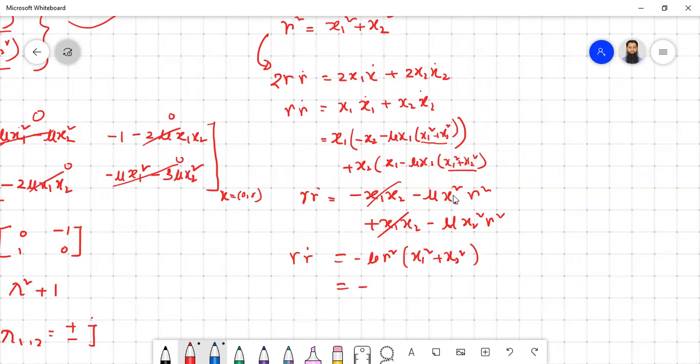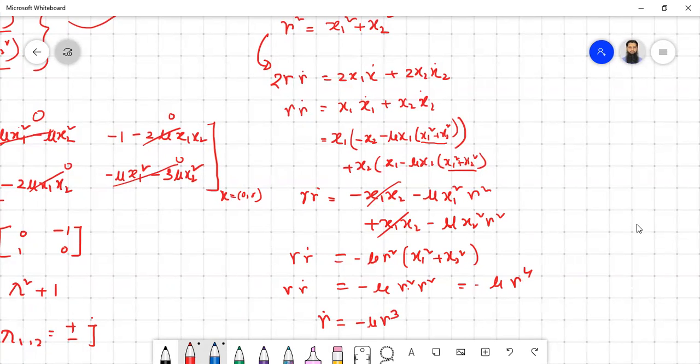So basically minus mu r square into r square, so minus mu r to the power 4. And on the other side we have r, so one r can be cancelled. So what is left is r dot equal to minus mu r cube.